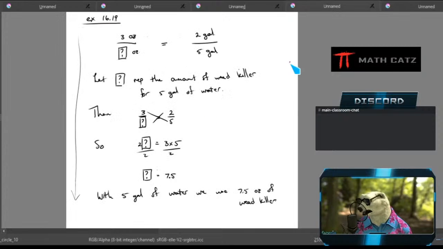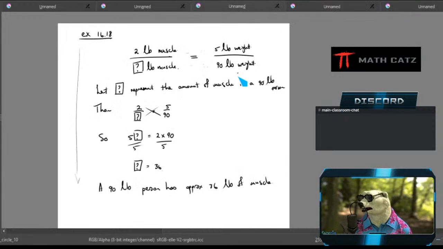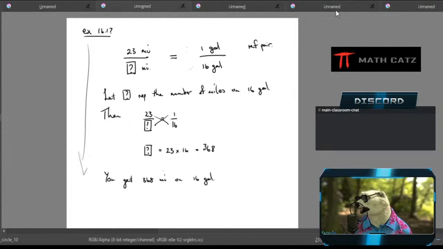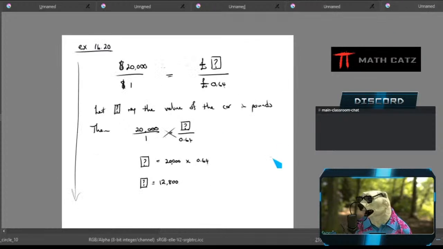Whether it's exchange rates, weed killer, muscle to weight ratio, or miles to a gallon, it's always the same. It doesn't matter how I combine the numbers. The solving of the ratio equation tells me how to combine them.